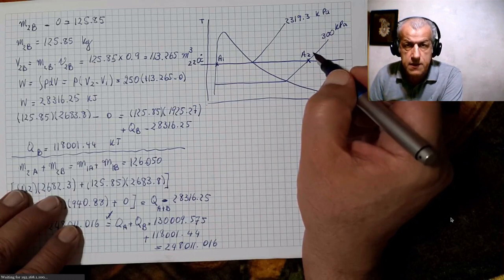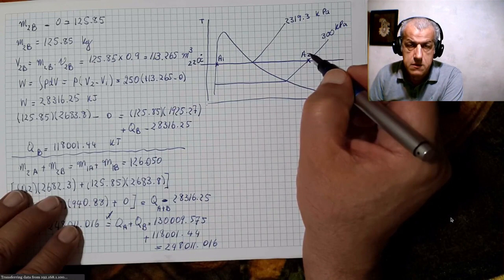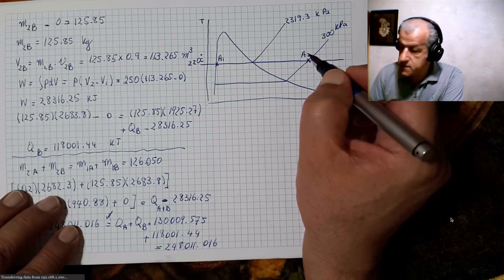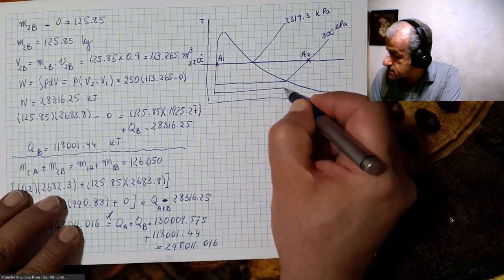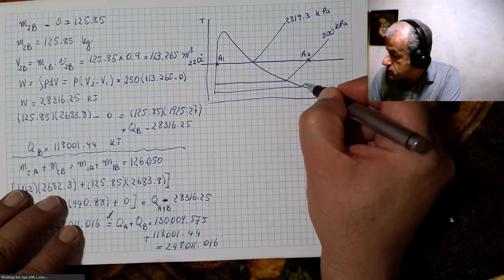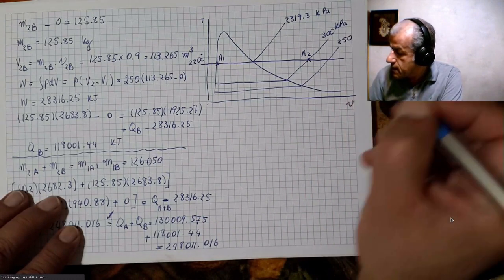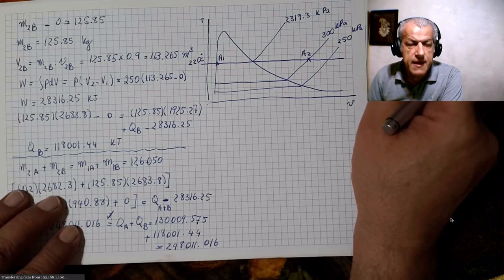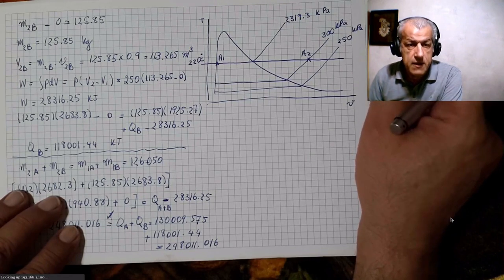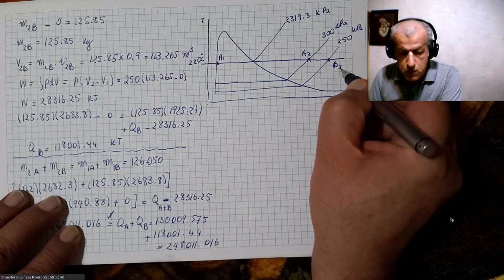Now, B is on a different path. The pressure in B starts at 250 kilopascals and remains at 250 kilopascals. So if this is the line at 250 kilopascals, then certainly the final point at B is here. This is B2.